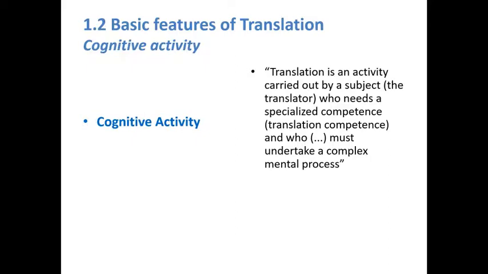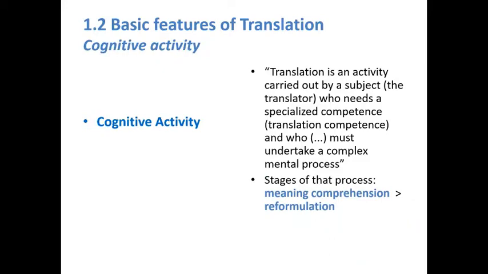We can call it translation competence, as we have already explained earlier, and who must undertake a complex mental process in order to translate. The basic stages, or steps, will be comprehending or understanding the meaning of the source text and then being able to reformulate this meaning in a new or target language.